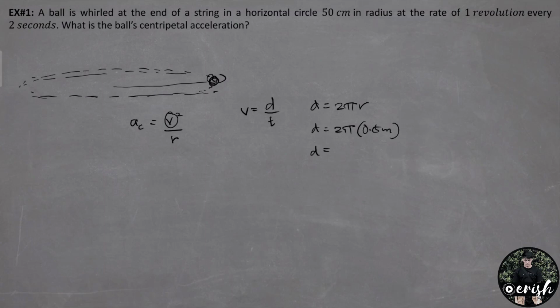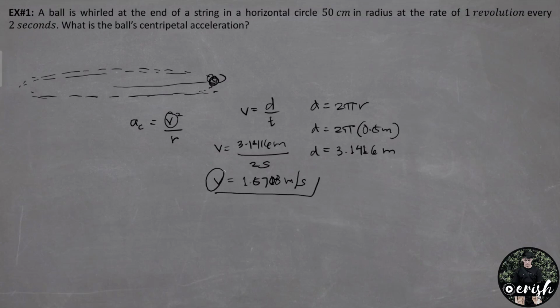Distance is equal to 3.1416 meters. This is the distance that we will put in to solve for the velocity. Solving for the velocity, we have 3.1416 meters divided by the time, we have 2 seconds. Velocity is equal to 1.5708 meters per second. This is the velocity that we will put here to calculate the centripetal acceleration of the ball.